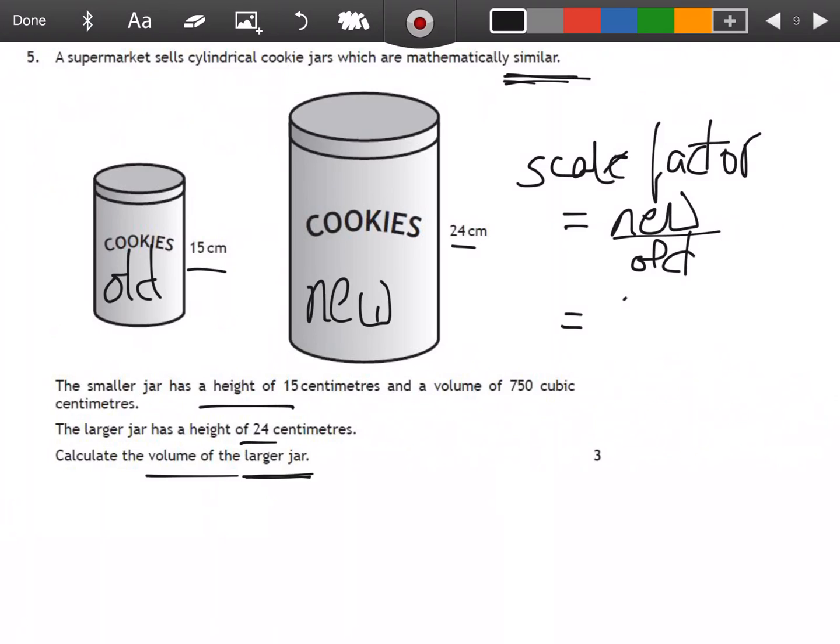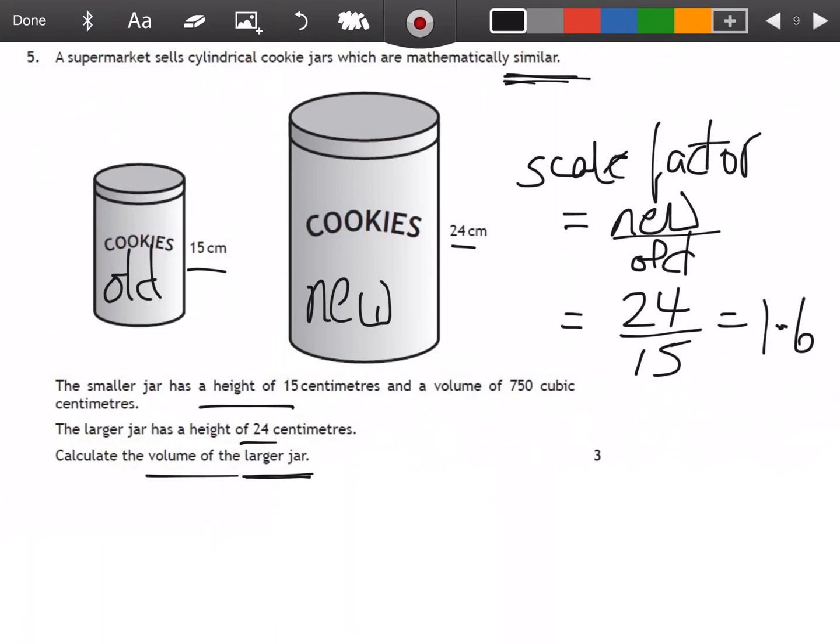So the scale factor is 24 over 15, and again you've got a calculator. 24 over 15 is 1.6. Basically that scale factor is telling you that the big one is 1.6 times bigger in height than the small one.